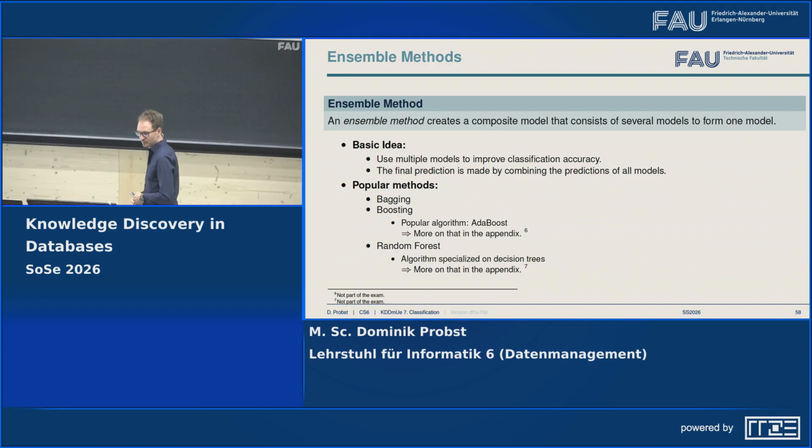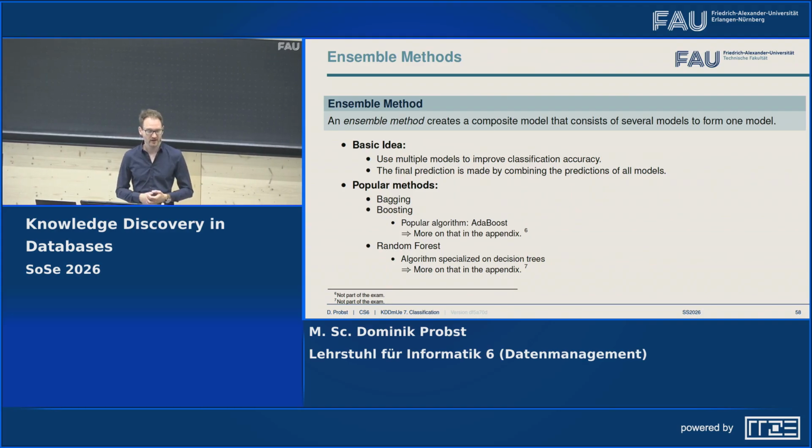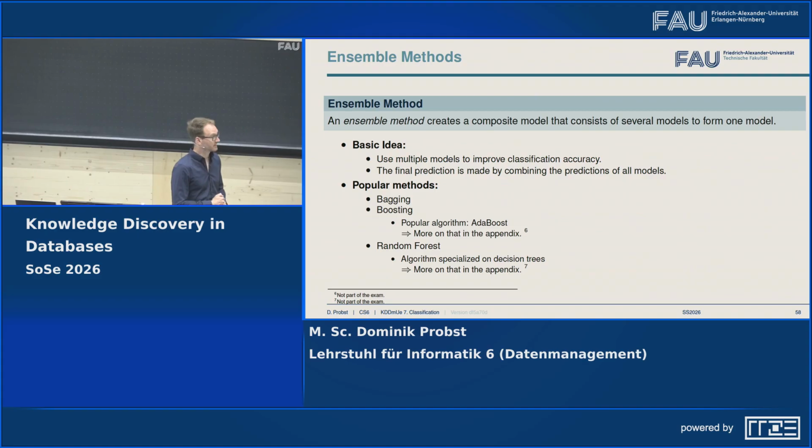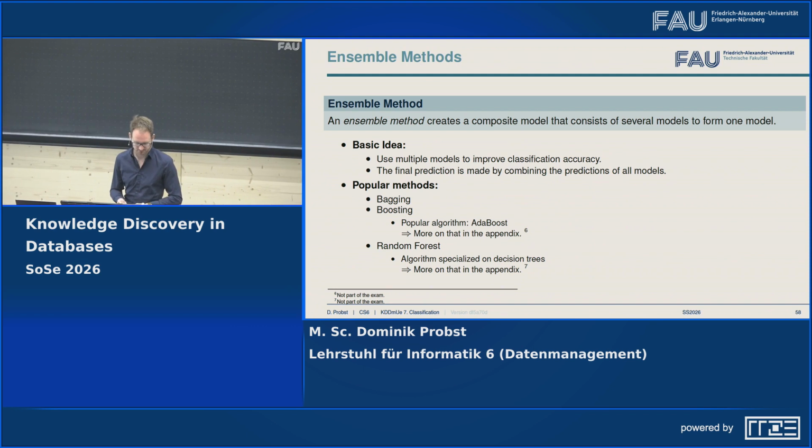This, in most cases, improves classification accuracy, and mostly the final prediction is made by combining the predictions of all methods. We will take a look at 3 different methods to combine ensemble methods: bagging, boosting, and random forest.